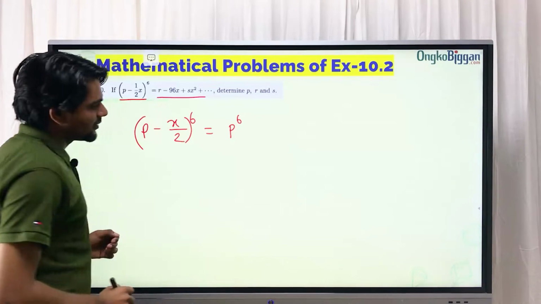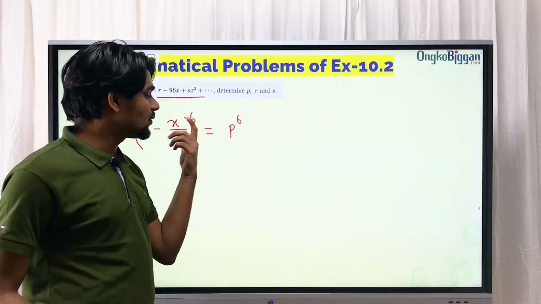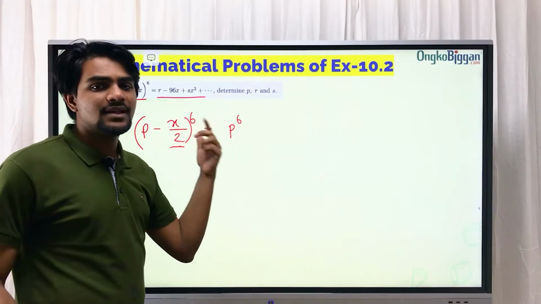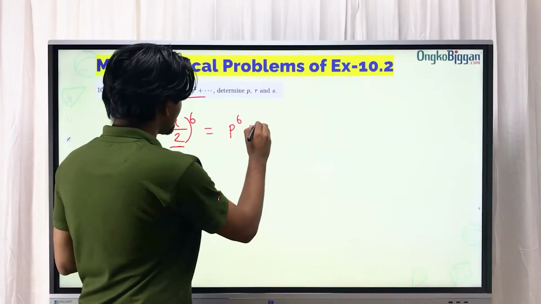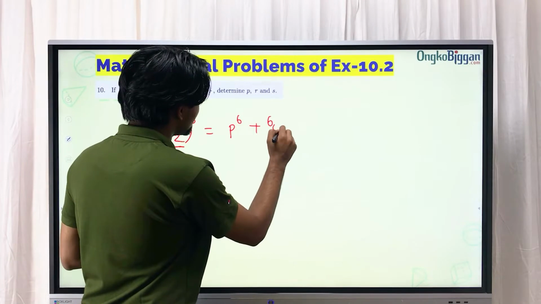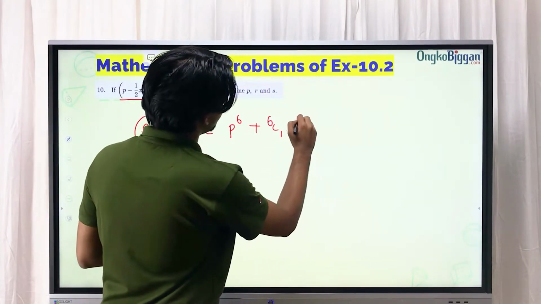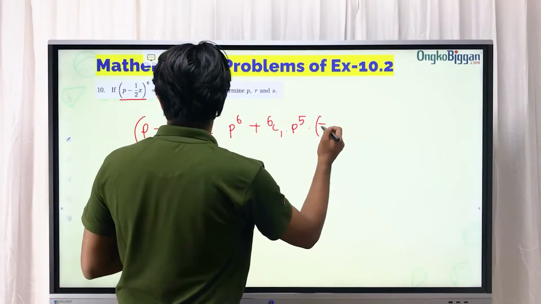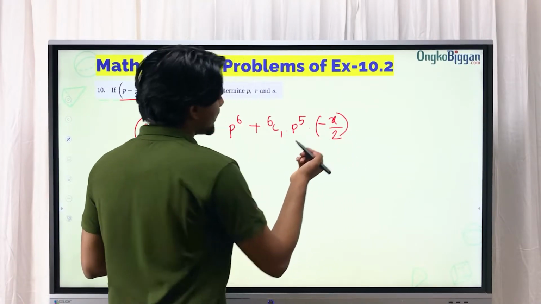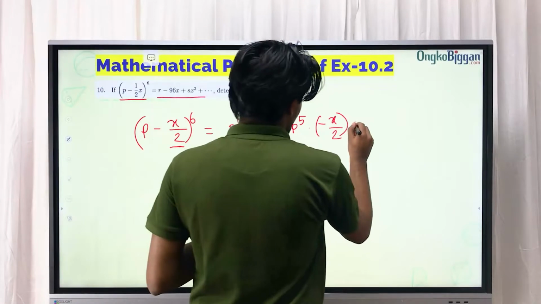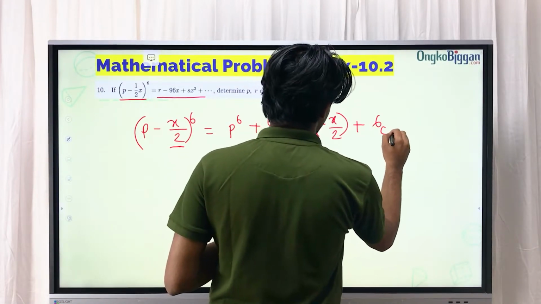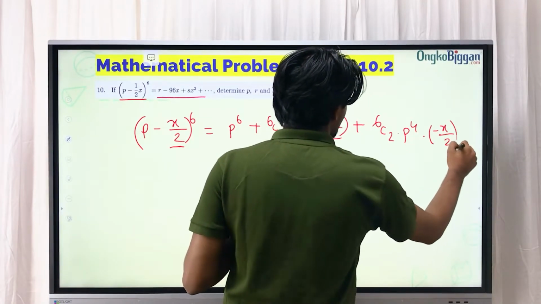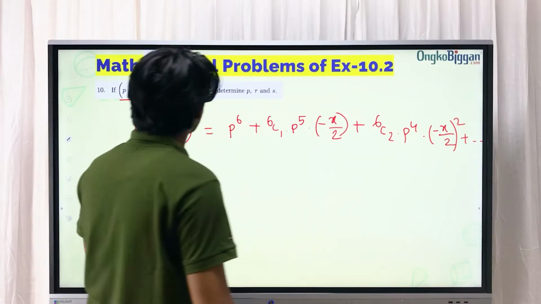We know that the coefficient of the first term is 1 and the power of this part is 0, so it will be directly p^6, plus the second term will be 6C1 · p^5, that is 6 minus 1, into (−x/2) to the power of 1, plus, and the third term will be 6C2 · p^4 · (−x/2) whole square, and plus dot dot dot because there are terms after that.